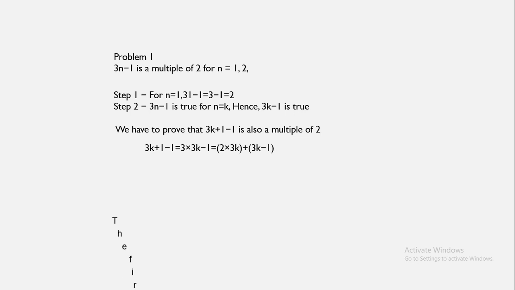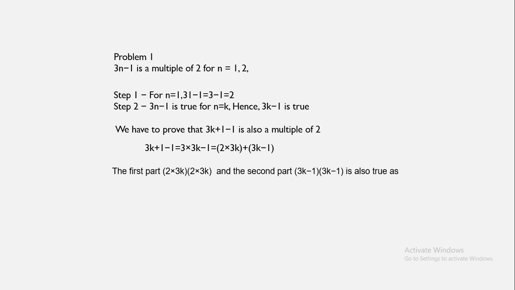The first part, 2 times 3^k, is certain to be a multiple of 2, and the second part, 3^k minus 1, is also true as our previous assumption. Hence 3^(k+1) minus 1 is a multiple of 2. So we prove that 3^n minus 1 is a multiple of 2.